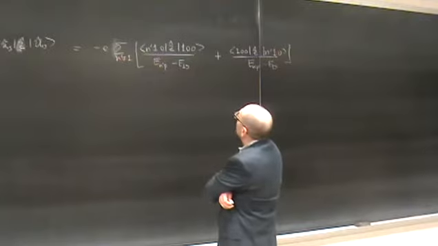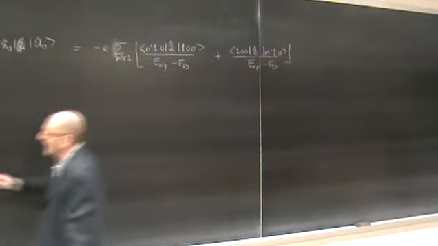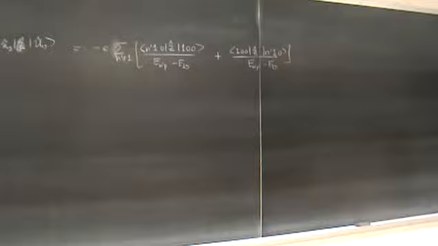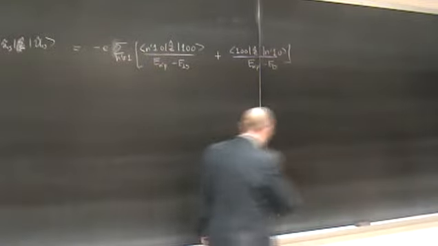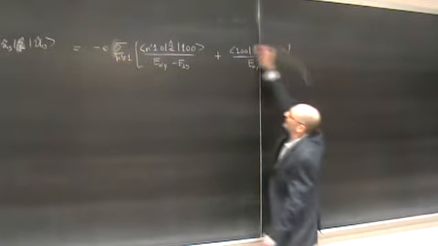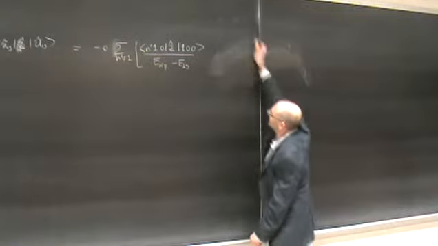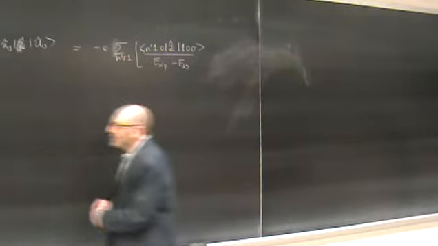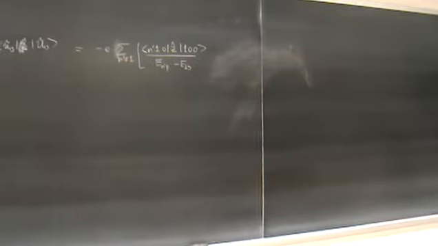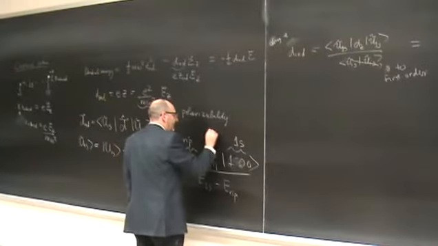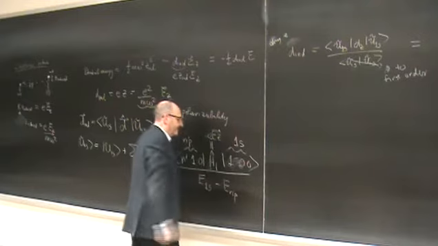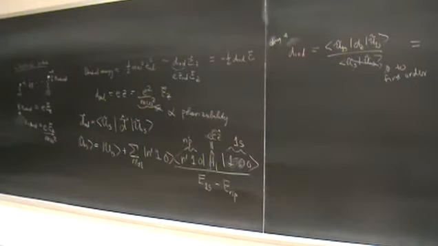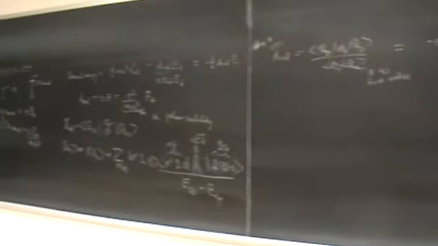I left out stuff. I left out this. It's an important term, pardon me. Something is wrong here. What's H1? H1 is minus E, or it's E times electric field times E, right? That's H1. I forgot that term. So there's an E squared here.